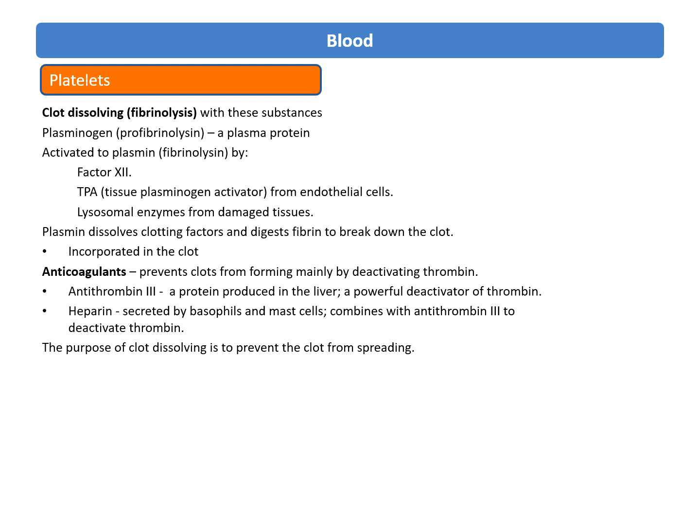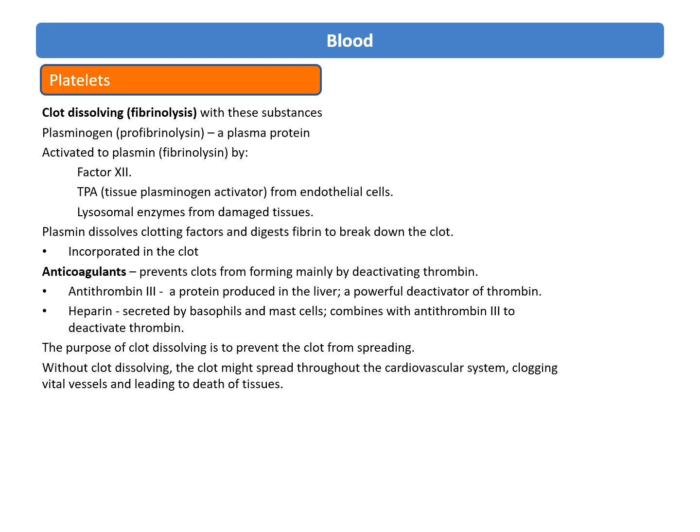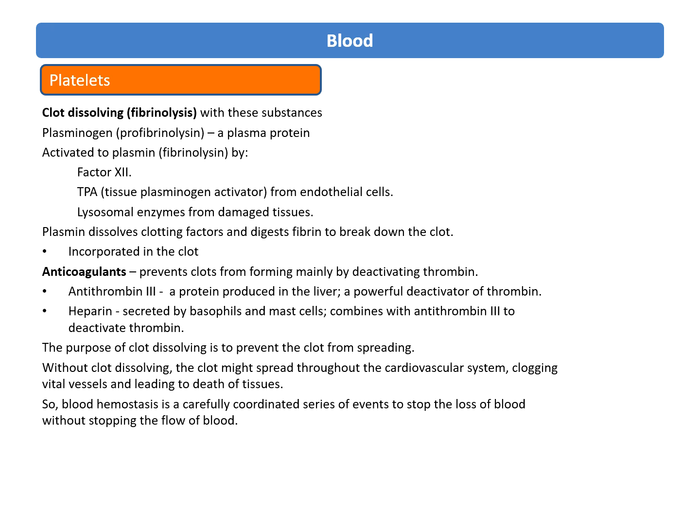The purpose of clot dissolving is to prevent the clot from spreading. Without clot dissolving, the clot might spread throughout the body, clogging vital vessels and leading to death of tissues. So hemostasis is a carefully coordinated series of events to stop the loss of blood without stopping the flow of blood.